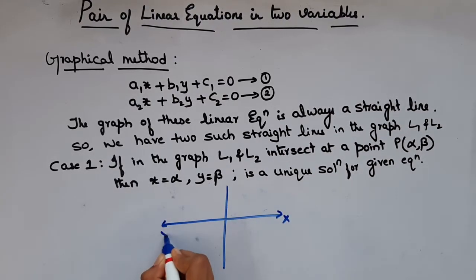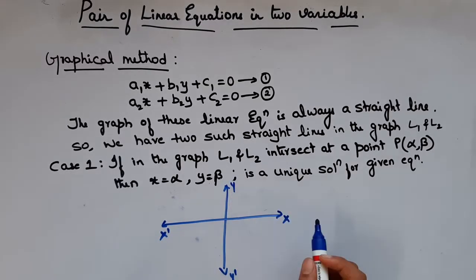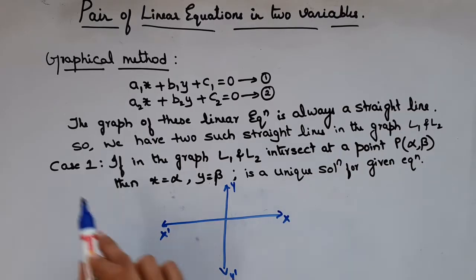this is your x-axis and this is your y-axis. We know that the graph of a linear equation is a straight line. So now we have two equations, so two straight lines L1 and L2. Case 1.